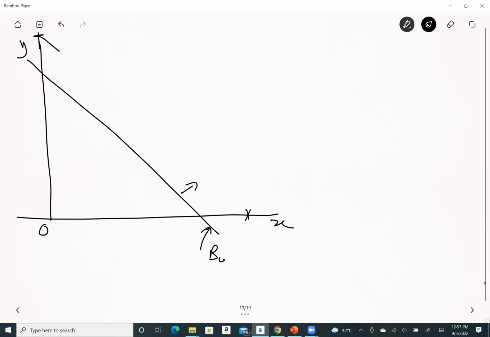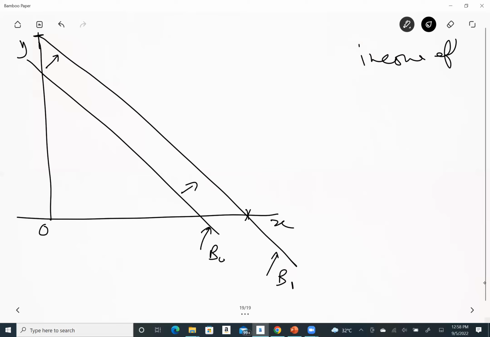So you have two. So that is our B1. I have a parallel shift like that. So that is the difference. You have only income effect, because real income has increased.